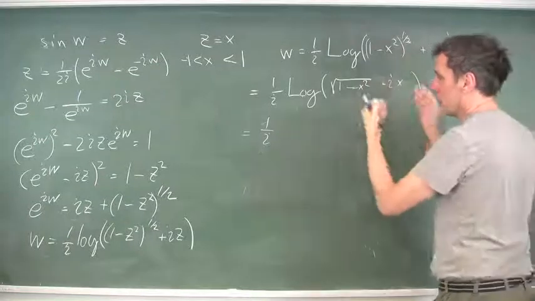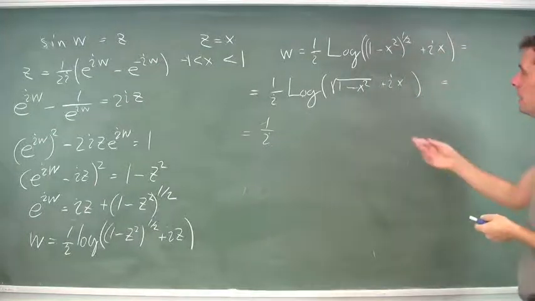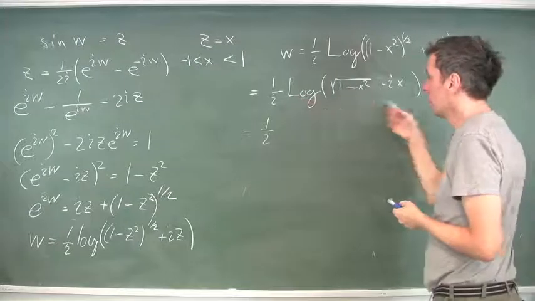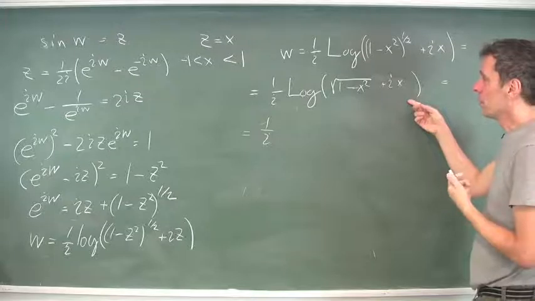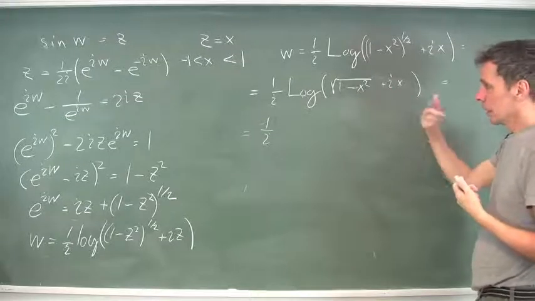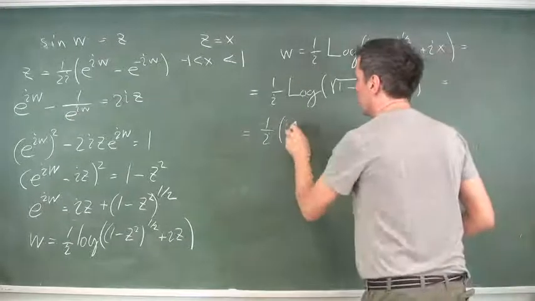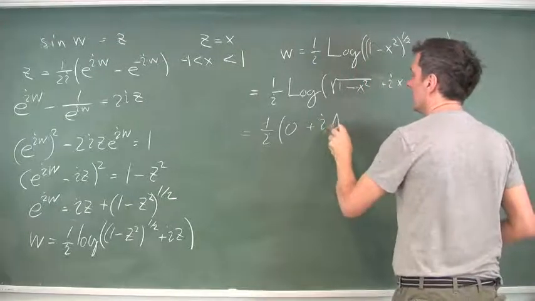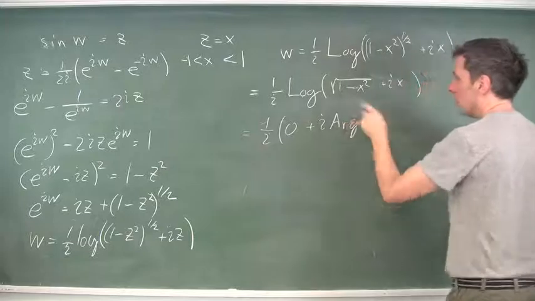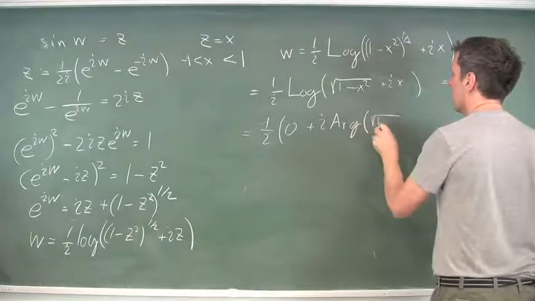And if you add them, you get 1. And this means then that the real part of this expression, which is the ordinary logarithm of the absolute value of this, will just be 0. So we get 0 plus i times the principal argument of this number.